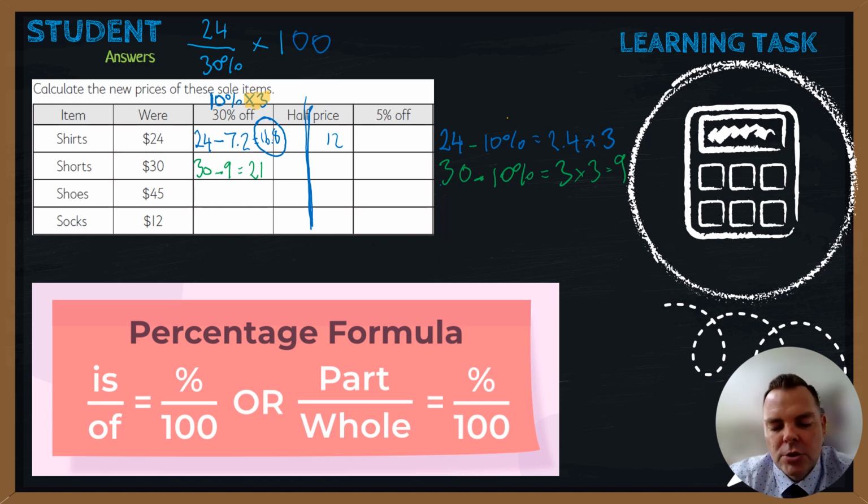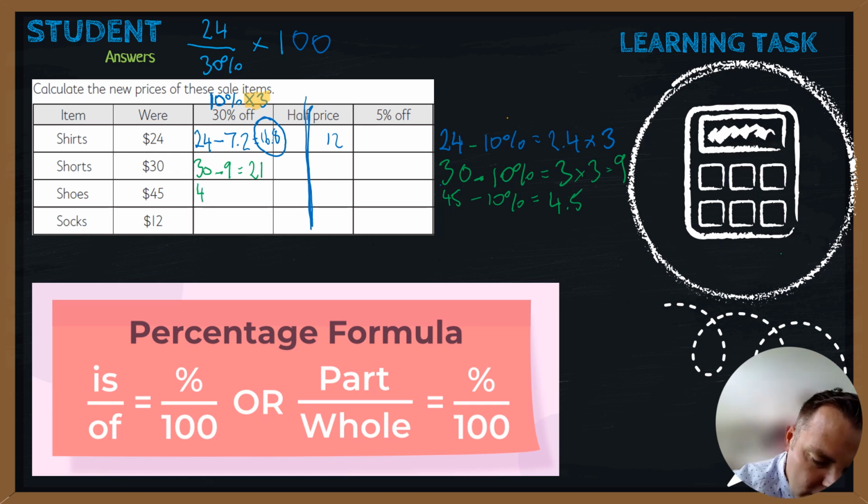I'll do the socks now, because I did the shoes, and you can have a go at doing the socks yourself. So I've got $45, and 10% of 45 is 4.5, and then I'm going to times 4.5 times 3 equals $13.50.